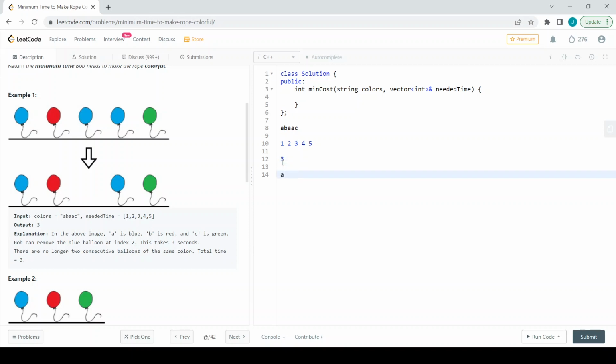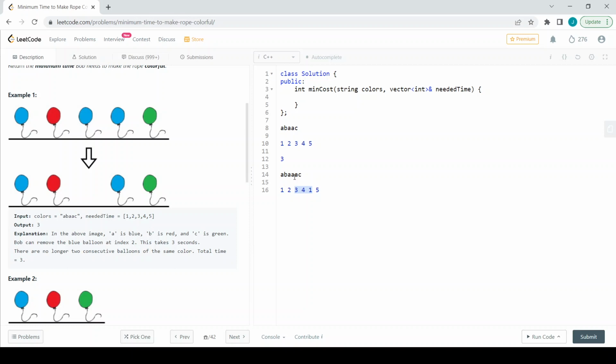So consider we have a case of A, B, A, C, with times 1, 2, 3, 4, then 1, then 5. There are three consecutive balloons with the same color, so we have to remove some balloons such that their time is minimum. We will greedily try to remove.